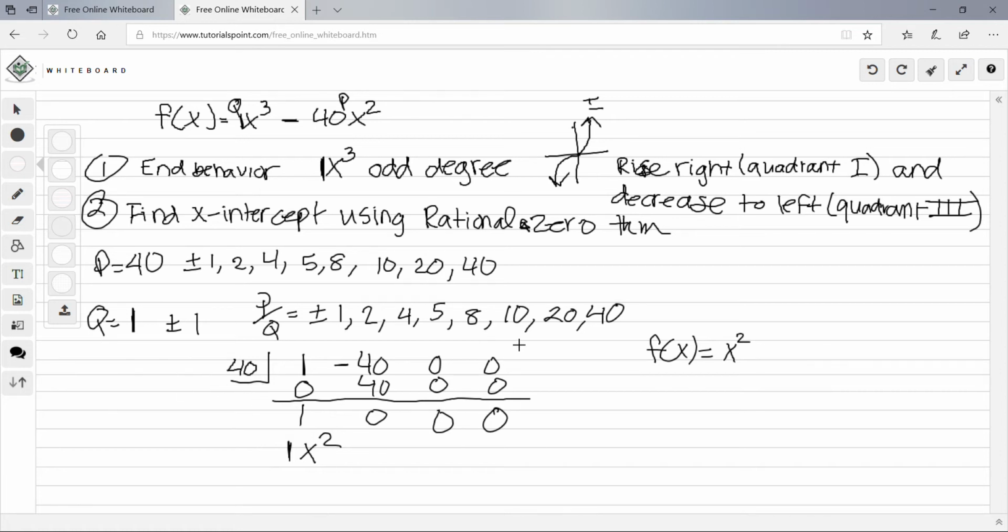So it's not going to be positive 40. It's always the opposite in factor form. So it's going to be x minus 40. Because when you solve for this, if you set x minus 40 equals 0, you get 40. That's how you know it's right. Okay, so that's our factor form.